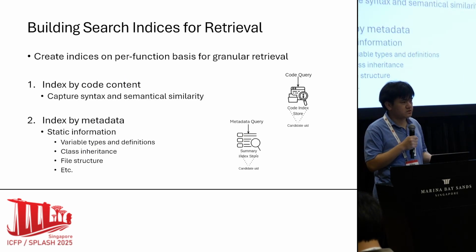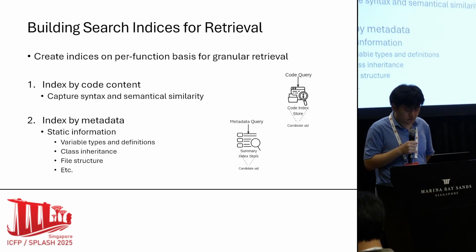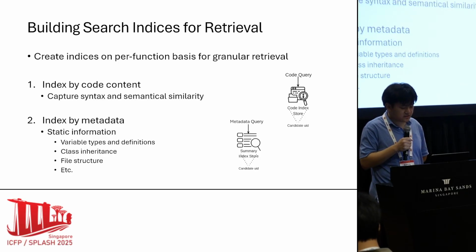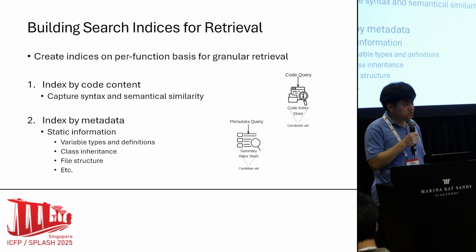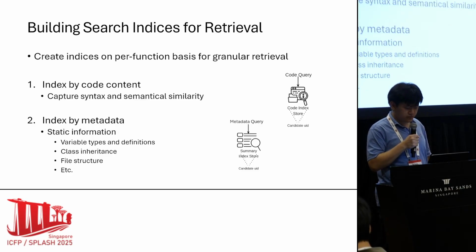So in order to achieve such context retrieval, we need to prepare the corresponding search indices for efficient retrieval at runtime. We do the indexing on a per function basis. For the first index, we turn the function code directly into high-dimensional embeddings and store that for similarity search in the future.